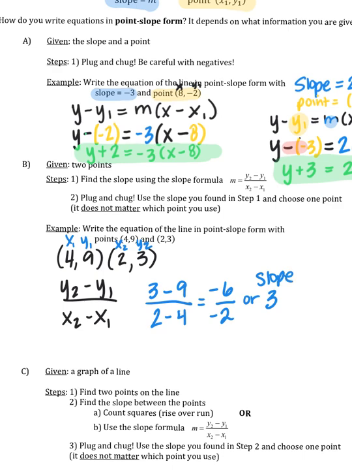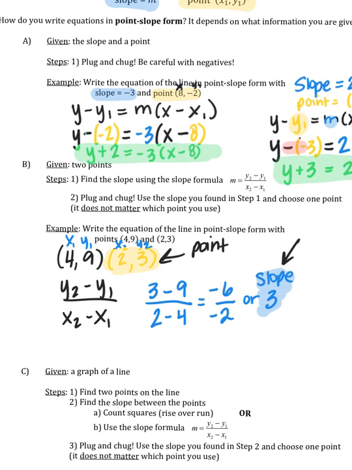Okay, now I have a slope of -3, and I also now have a point, and I can choose either one. I'm just going to choose this point here. So now I can write this in point slope form because I have a slope and I have a point.